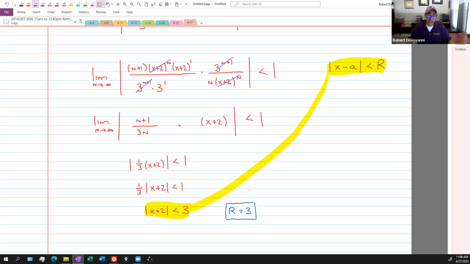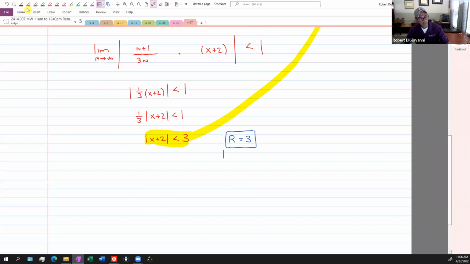Now I need to find the interval of convergence. So to find the interval of convergence, it's a little more work. We've got to drop the absolute value, make it less than 3, and then make it greater than -3. And then get x in here by itself. So we'll subtract 2 from everything. So when I subtract 2 here, I get -5.